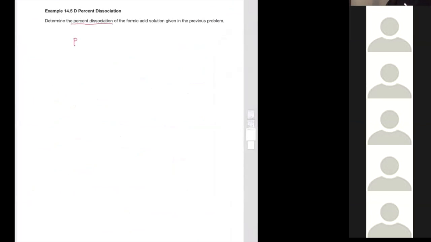So when we're talking about percent dissociation, we say it's equal to the amount dissociated in terms of molarity divided by the initial molarity, and then times 100.